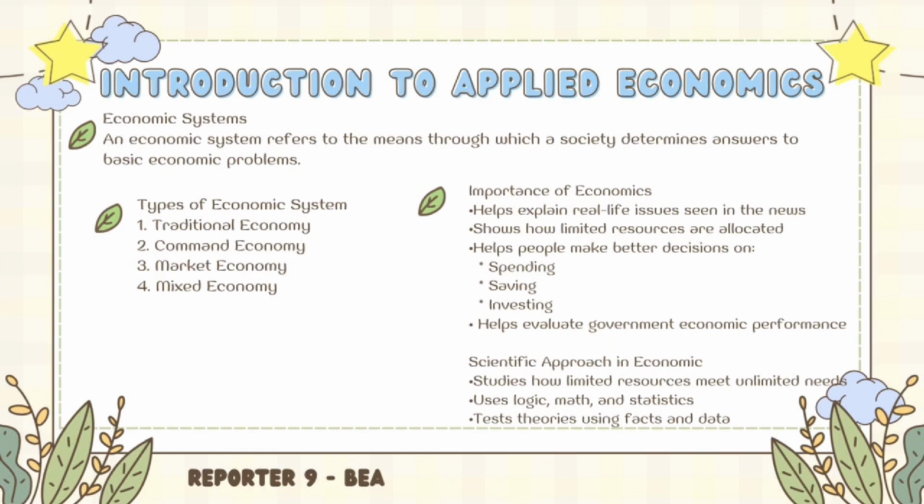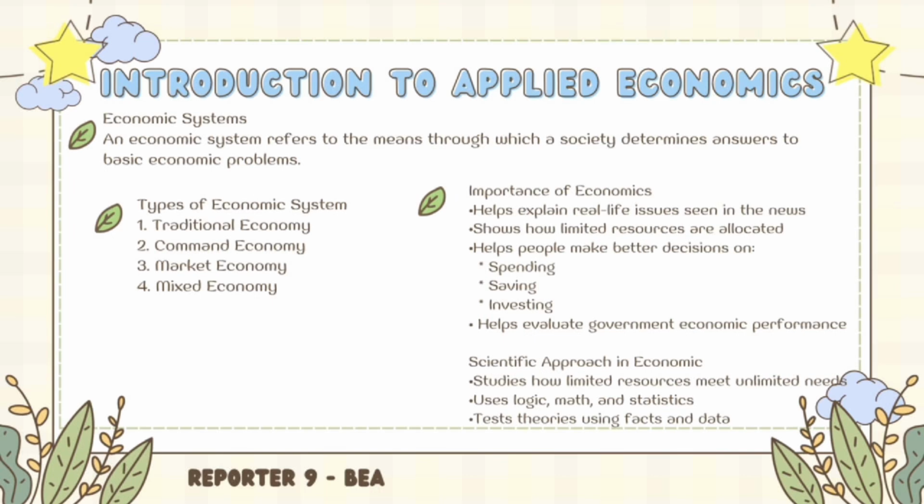Second, command economy. A command economy is an economic system where the government makes all major economic decisions instead of individuals or businesses. So, in a command economy, the government controls what is produced, how much is produced, and how it is distributed.